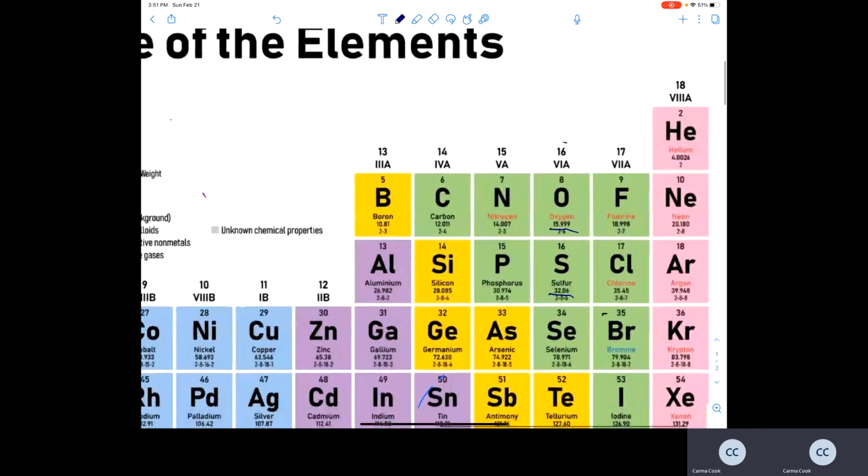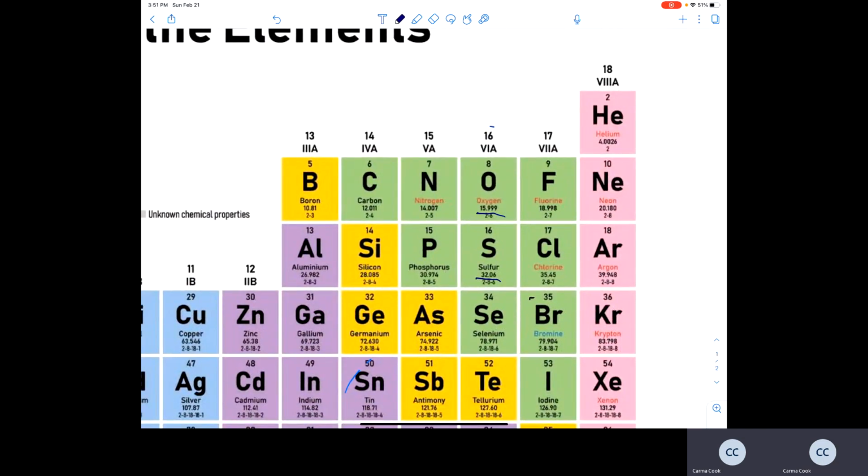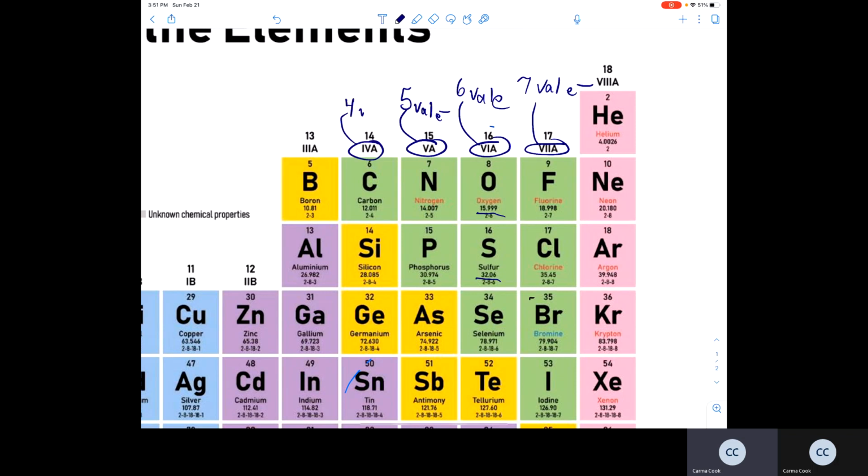And then jumping over to 3A, 4A, 5A, 6A, 7A. 7A has 7 valence electrons. 6A, 6. So on and so forth. So the group number tells you how many valence electrons that an element has.